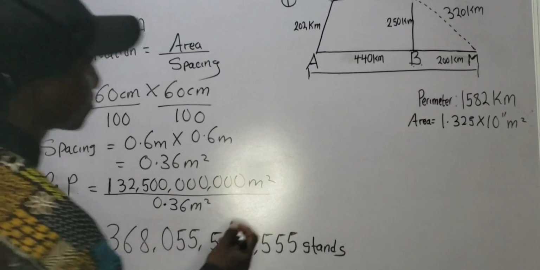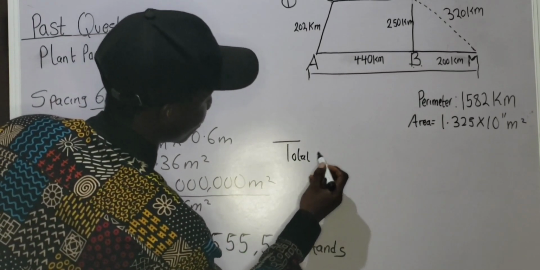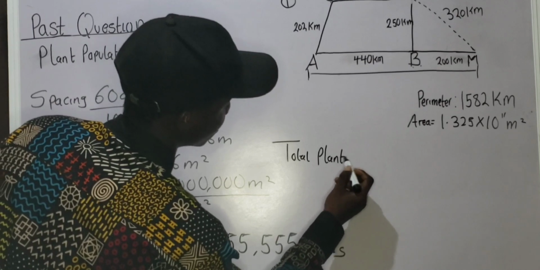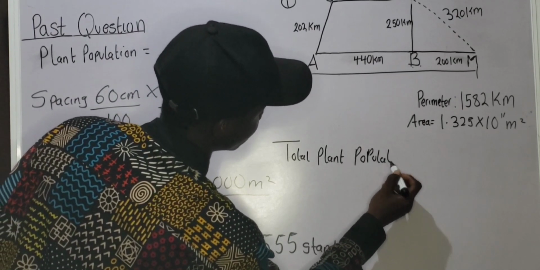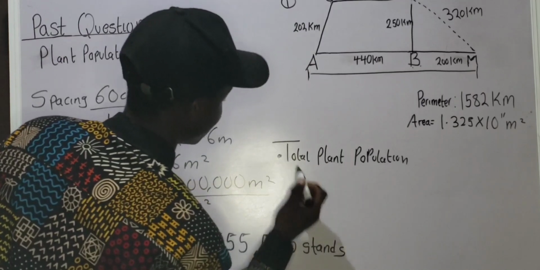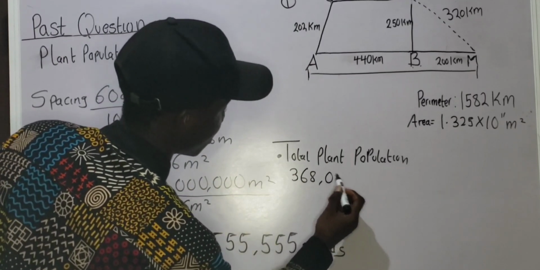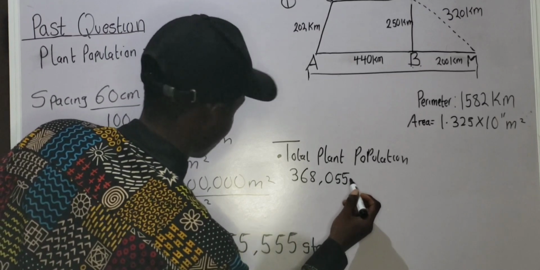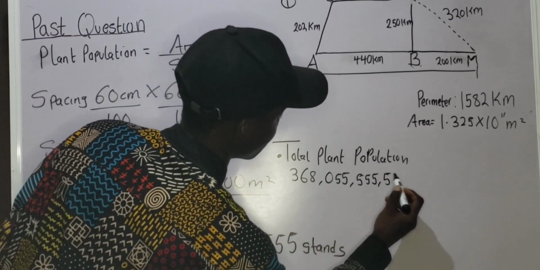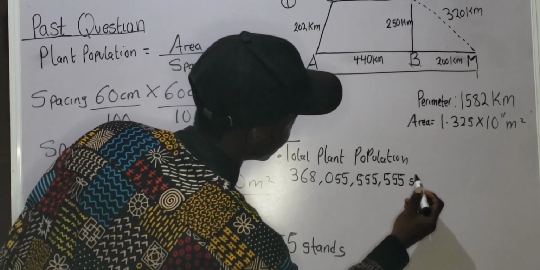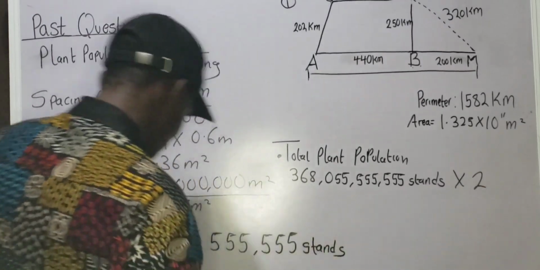So the total plant population is 368,055,555 stands multiplied by 2 because the sowing rate is 2.